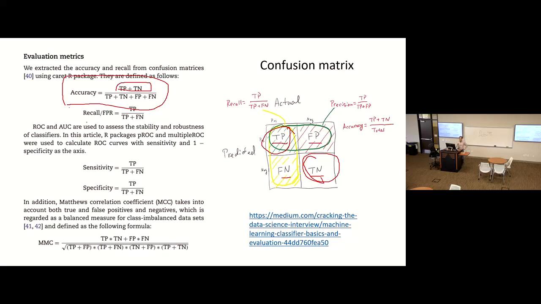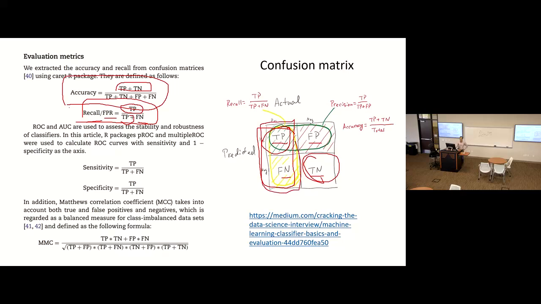Well, the recall is the ratio of true positive divided by true positive plus false negative. So basically you are taking the ratio of these two numbers.